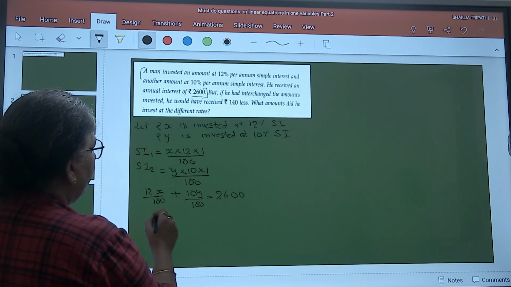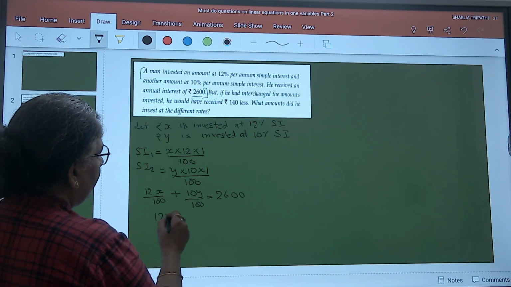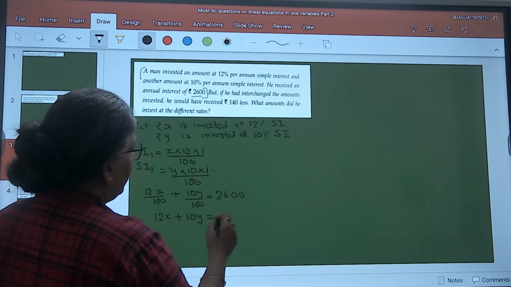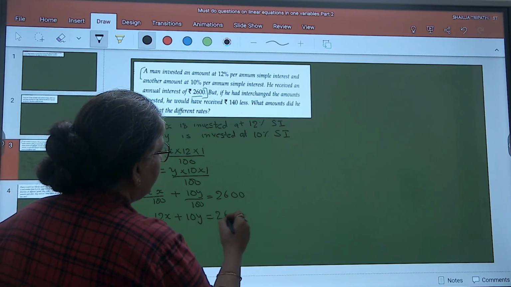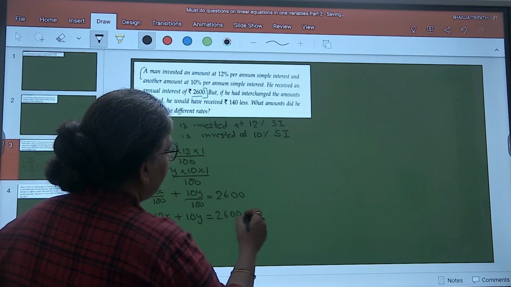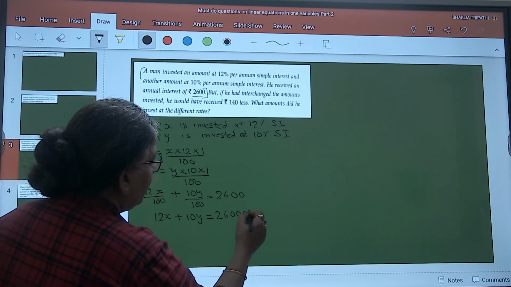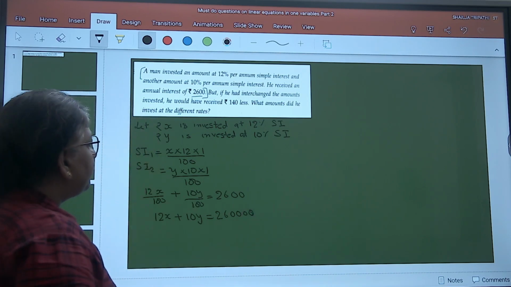Now let's solve it. 12x plus 10y is equal to 260000, that is 26 followed by 4 zeros.